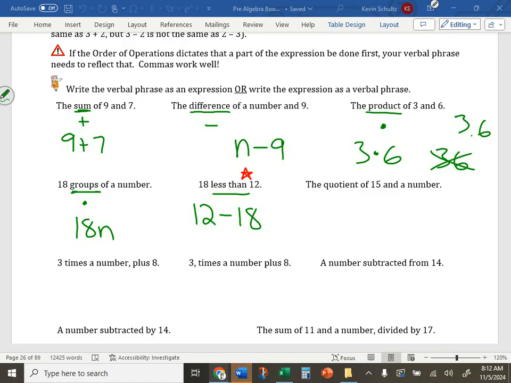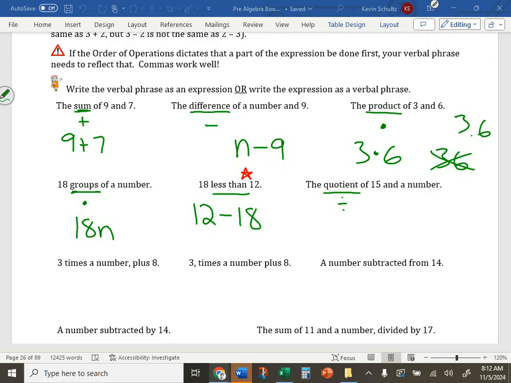The quotient of 15 and a number. Division, that key word, division, right? We could write this horizontally or vertically.